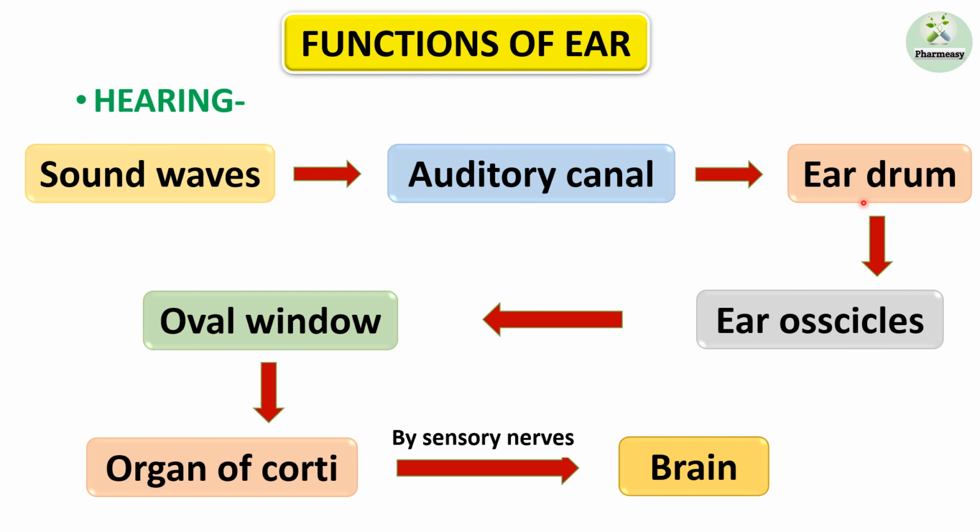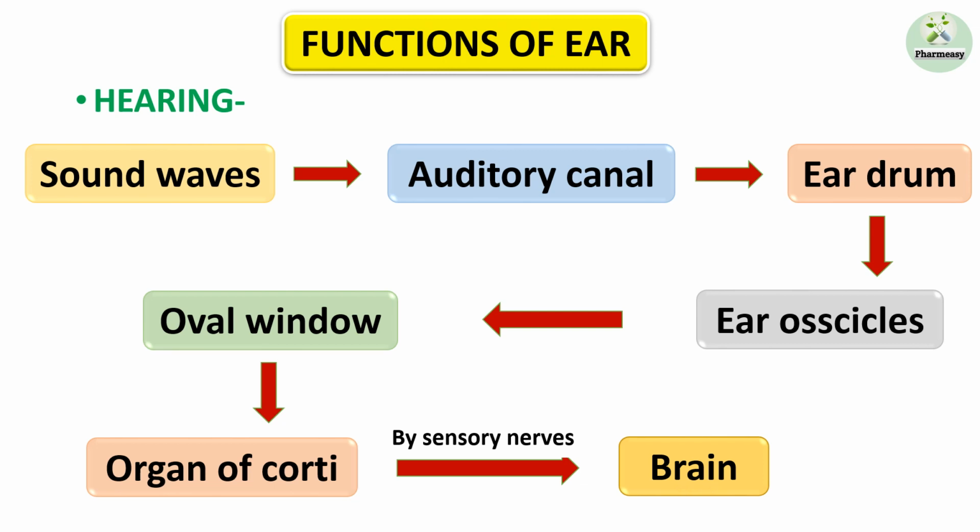The vibrations are passed to the ear ossicles in the tympanic cavity, and the stapes pushes the oval window in and out. This action is passed on to the organ of Corti, the receptor of hearing that contains tiny hairs that translate the vibrations into electrical impulses that are transmitted to the brain by sensory nerves.